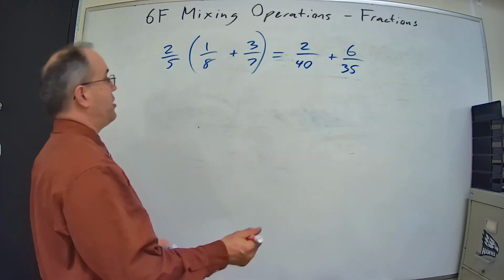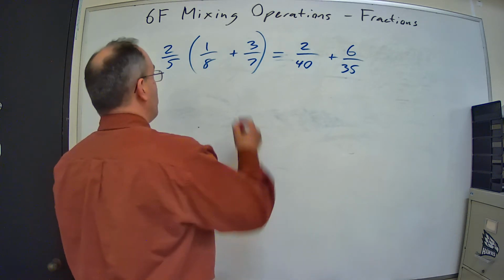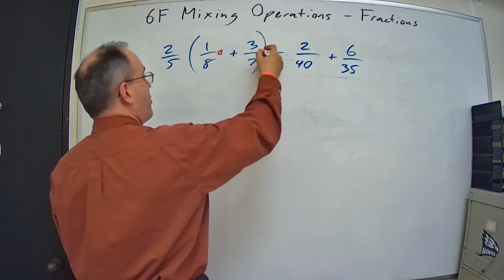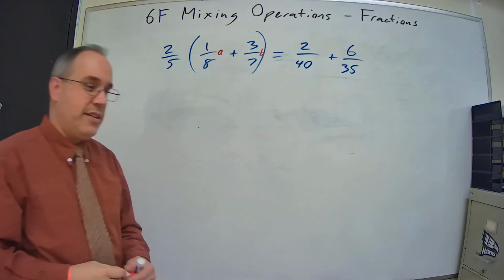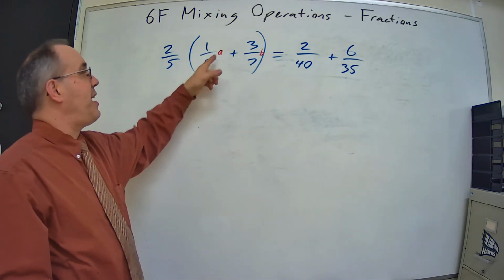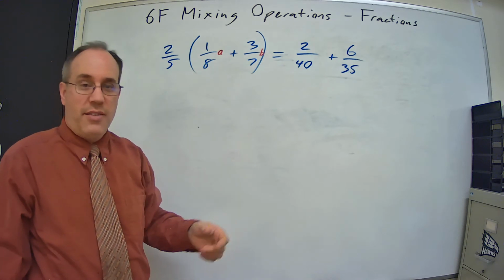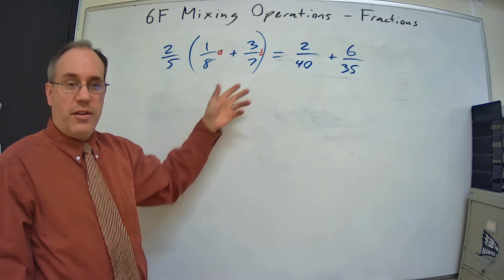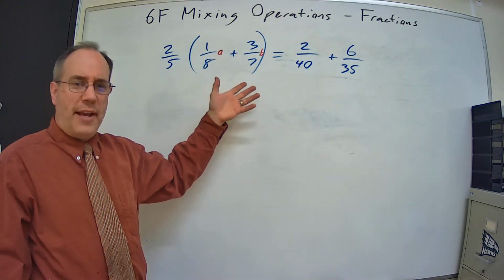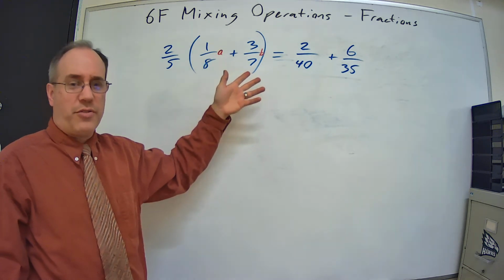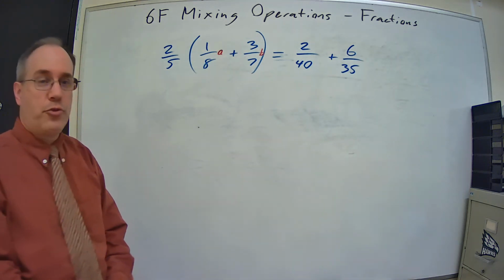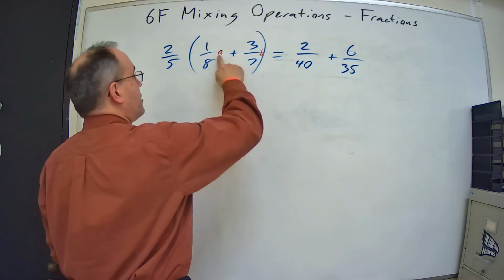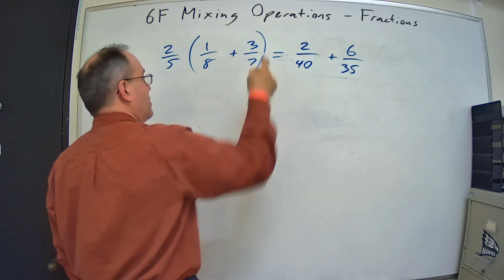If I had that as 1/8 A and 3/7 B, now I've got this A and B, and I can't just add 1/8 A plus 3/7 B. That would be like saying I've got 1 apple and 3 pears. How many apples do I have combined? Well, I only have 1 because I can't combine it with the pears, right? Or what type of fruit do I have when I combine those? I don't know. So I can't do that. So this is just prep work for when we're dealing with these variables.